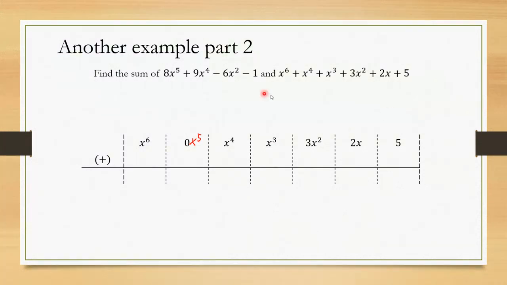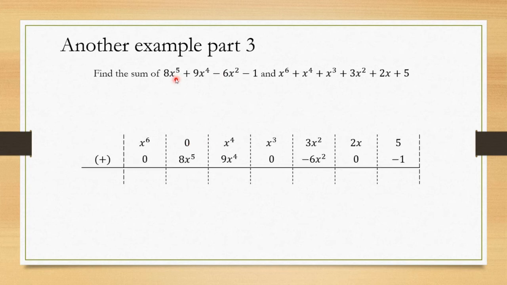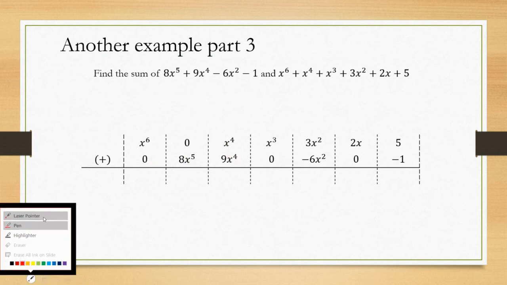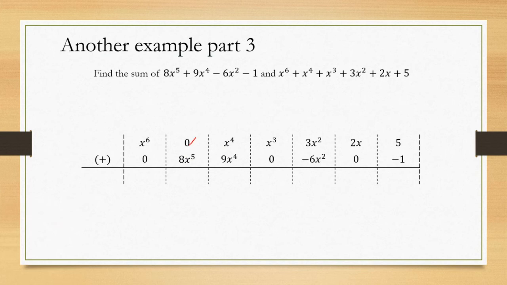Okay, now for this polynomial, we're going to put the terms in the columns that have their like terms. In other words, like terms are going to be in the same column. And that's what we do here, right? 8x to the 5th goes in here. 9x to the 4, that's going to go in here, right? Because these are like terms. Again, this one here, let me write it again. This was 0x to the 5th.